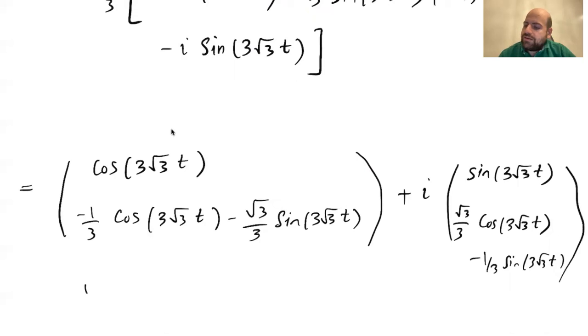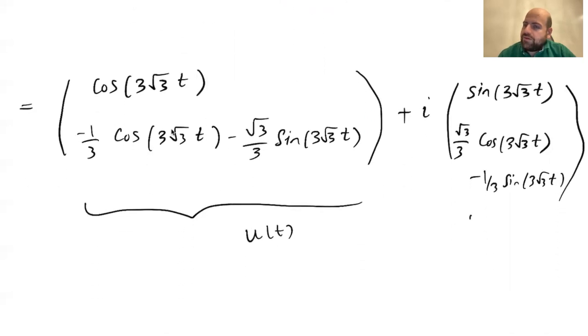So this is basically my u of t, and this is my v of t. Once I find u of t and v of t, I can find the general solution. Write the general solution as some constant times u of t plus another constant times v of t, in other words, a linear combination of u of t and v of t.